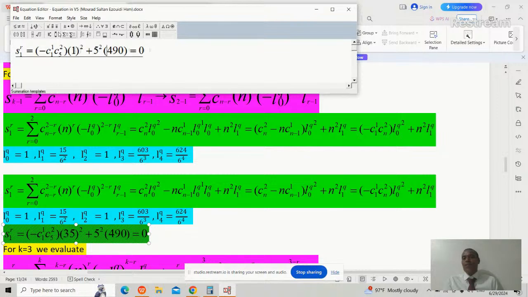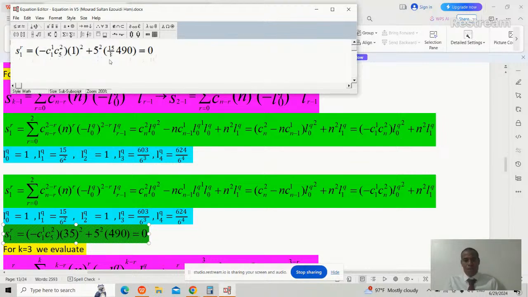We said 15 divided by 6 squared. For home, please, you can use your calculator.